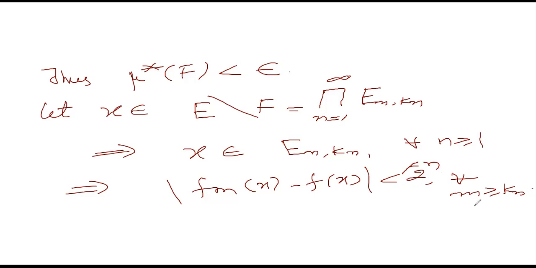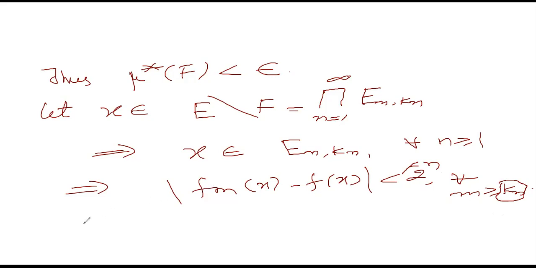That's very simple. But here, you see this Kn is independent of x. It does not depend on x. That's the requirement for uniform convergence. If you look at the construction of Kn, it's independent of x.